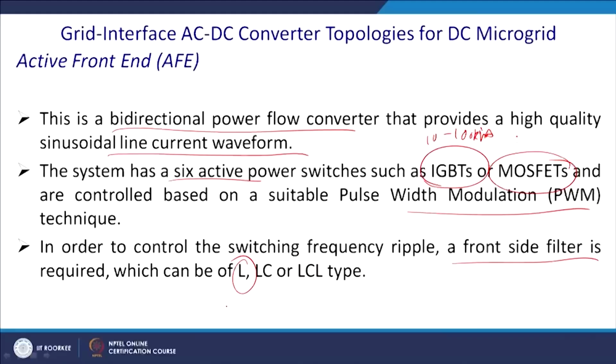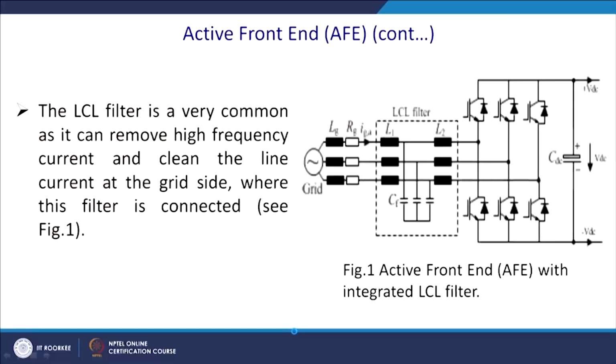Depending on the cutoff, if you have an L, then you have 20 dB cutoff, with LC you have 40 dB cutoff, and if you have an LCL, you have 60 dB cutoff, and accordingly you can think of different kinds of configurations, and thus you can give proper attenuation of your switching frequency. So, this is one of the circuit diagrams of the active power filter.